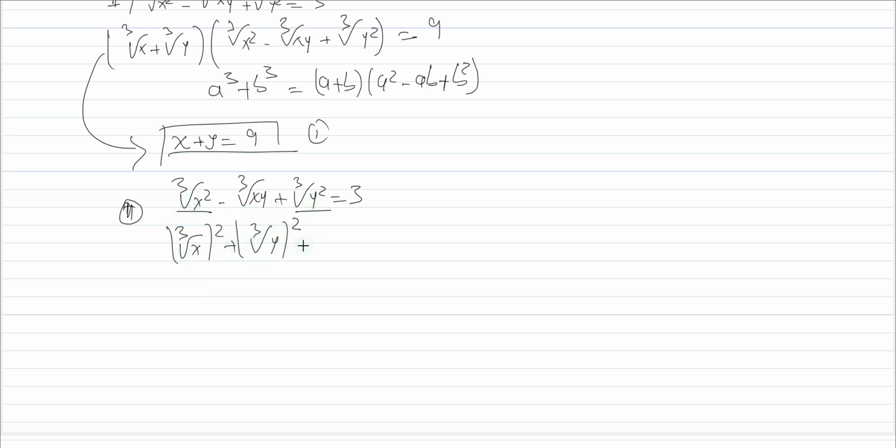To complete the square, I have to add 2 times the cubic root of x times the cubic root of y, and since I've added this, I'm going to take it out, and I have the minus cubic root of xy. It's the same thing.